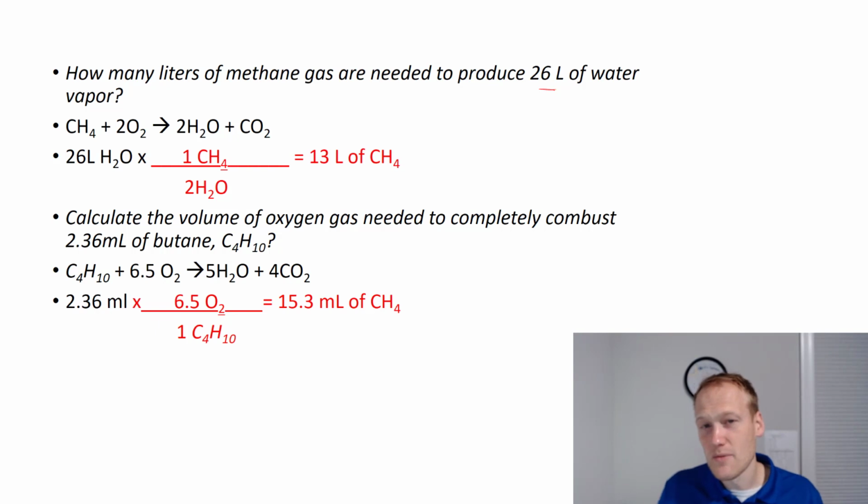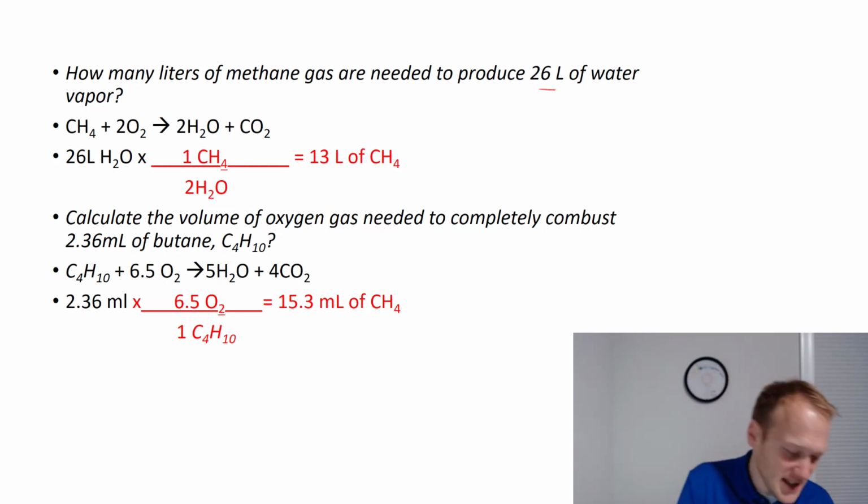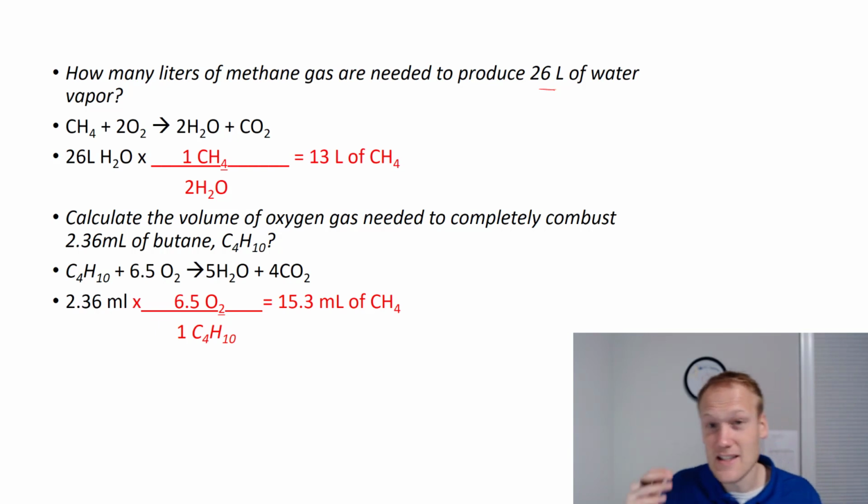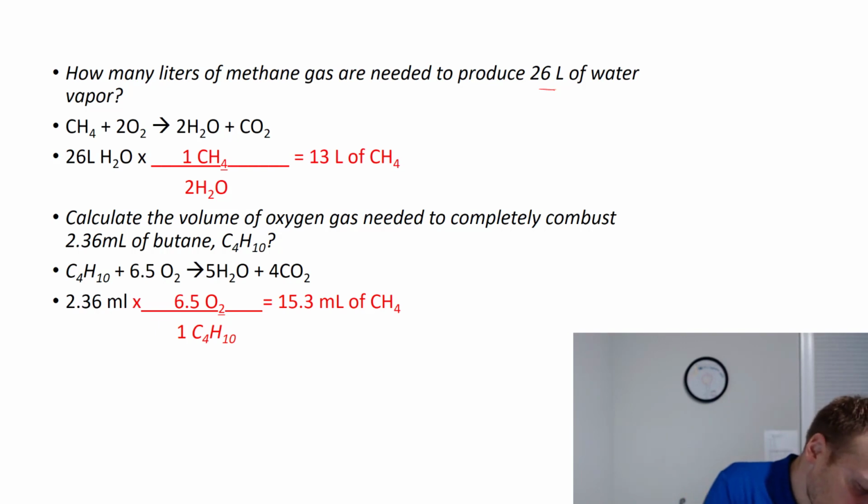In old mole problems, we would have to go from liters of water to moles of water to moles of methane gas to liters of methane gas. But we know since everything in this equation is in liters and all liters are the same number of moles for gases, that we can just go straight from liters to liters using the coefficients.